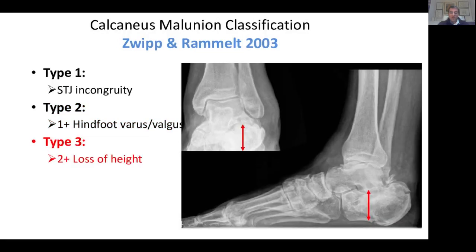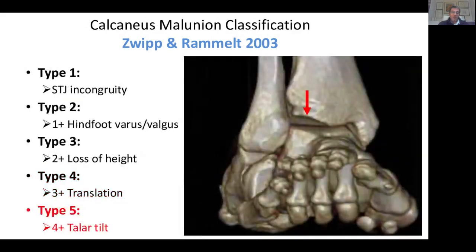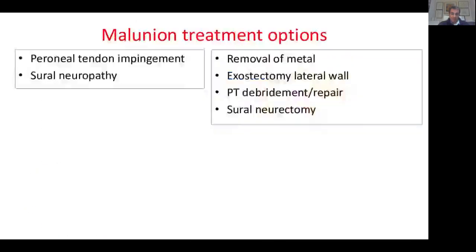In addition, if you have loss of the height of the calcaneus, that's a type 3. And if there is any translation of the calcaneus to the lateral side, you see that bulging of the bone, it's a type 4, and when you have malalignment at the ankle joint, it is a type 5.